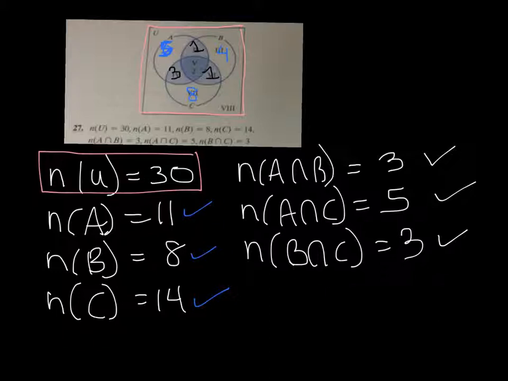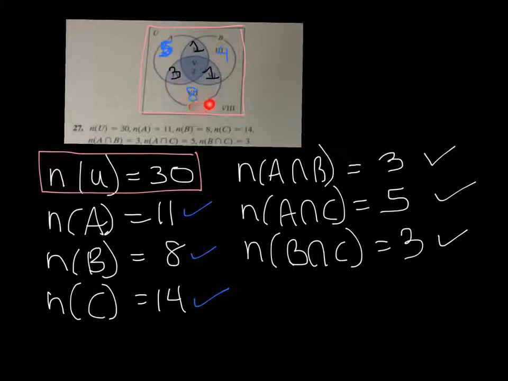So this is 6, 9, 10... oh, I forgot the 2. 5, 6, 7, 8, 9, 10, 11, 12, plus 8 is 20, plus 4 is 24.